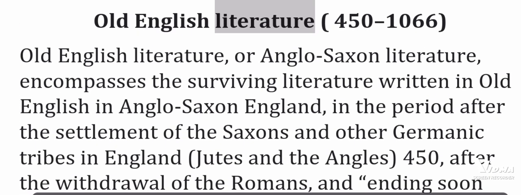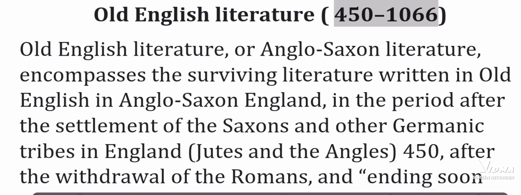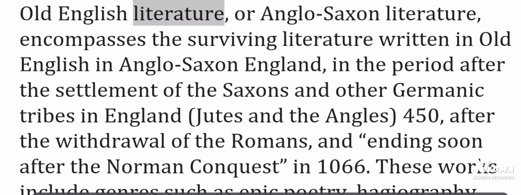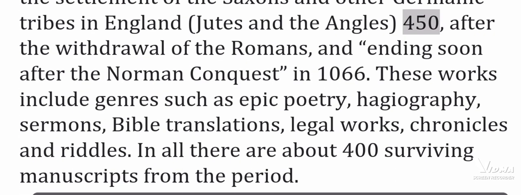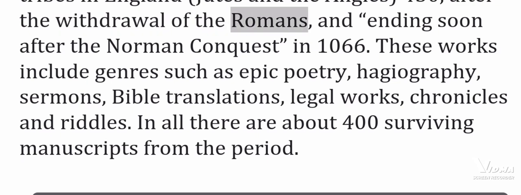Old English literature, 450 to 1066. Old English literature, or Anglo-Saxon literature, encompasses the surviving literature written in Old English in Anglo-Saxon England, in the period after the settlement of the Saxons and other Germanic tribes, Jutes and Angles, in 450, after the withdrawal of the Romans, and ending soon after the Norman conquest in 1066.